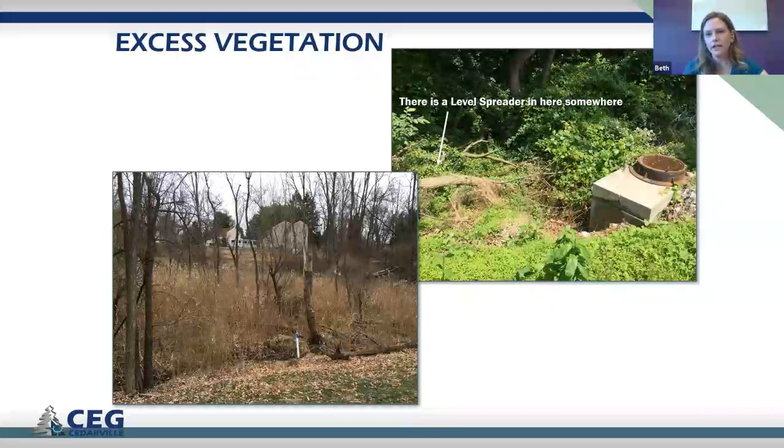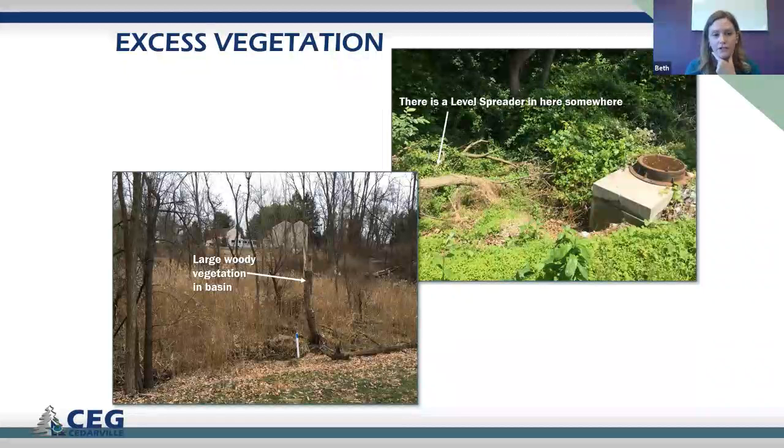And then you have excess vegetation. Here, there's supposed to be a level spreader in there. And well, the vegetation itself may or may not be impeding the functionality of the level spreader. The inspector can't get in to even see that, to see if it's functioning properly. So the excess vegetation needs to be removed, whether or not it is actually affecting the functionality of the BMP.